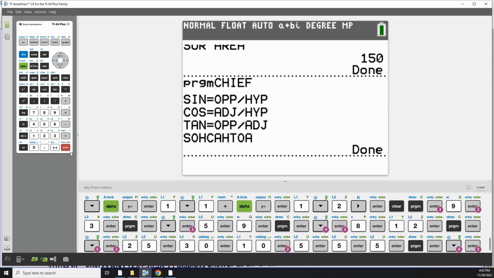But if you hit Chief, notice it ain't doing nothing. It is a cheat sheet. If you know the SOHCAHTOA ratios, you don't need it. Sine is opposite over hypotenuse, cosine, and y'all know the acronym, huh? SOHCAHTOA.